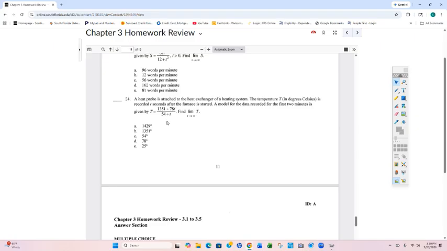In the denominator 54 plus t, that is lowercase t. Find the limit as lowercase t approaches infinity of the whole function capital T. A is 1,429 degrees, B is 1,351 degrees, C is 54 degrees, D is 78 degrees, and E is 25 degrees. The correct answer is D.